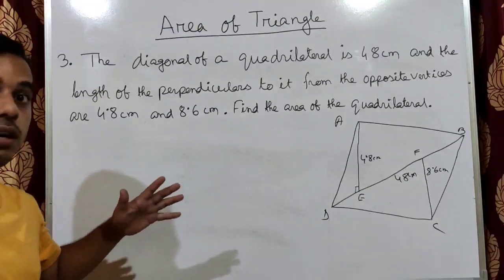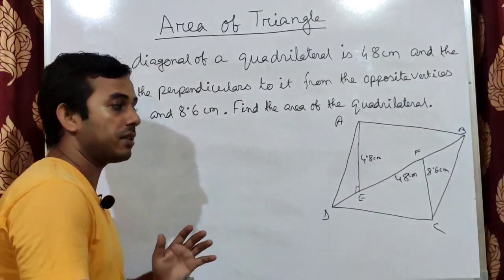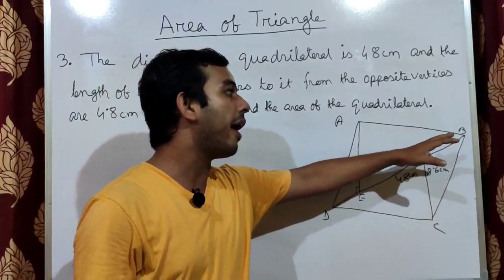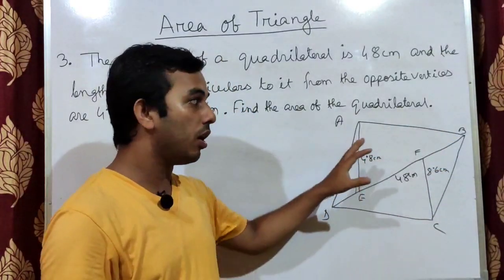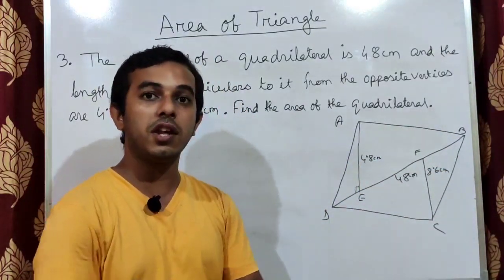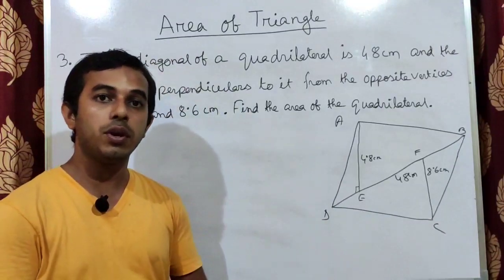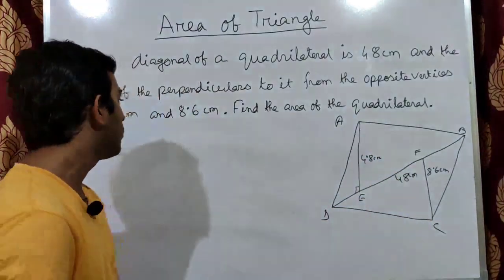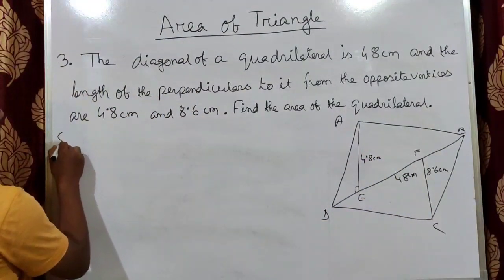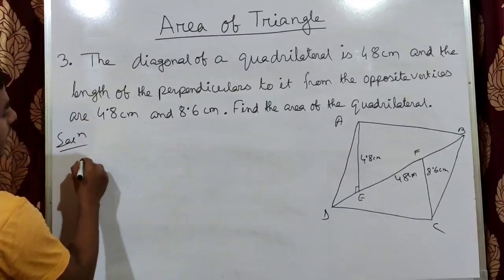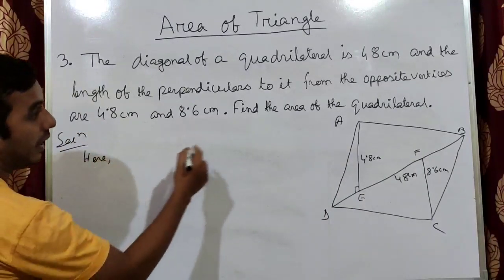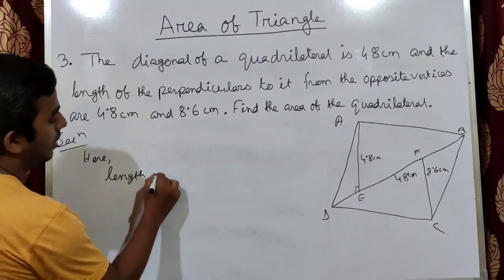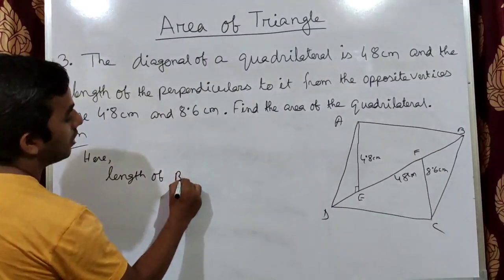As I discussed earlier, if we assume that ABD is one triangle and BCD is another triangle, and we find the area of both the triangles and add them, we can easily find the area of the quadrilateral. So let us start. We'll write the solution.